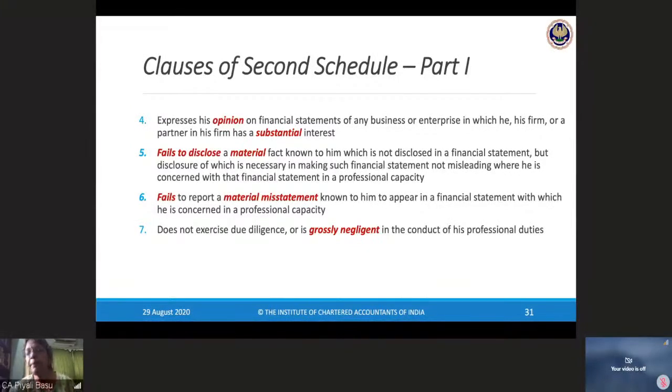Okay. So independence. Here the important factor is that we are talking about independence. Independence of mind. So I am not influenced, I am not biased. If some close relative is there, it is expected that we will start discussing, and you get influenced. You get biased. So the auditor's responsibility is to give an unbiased opinion.